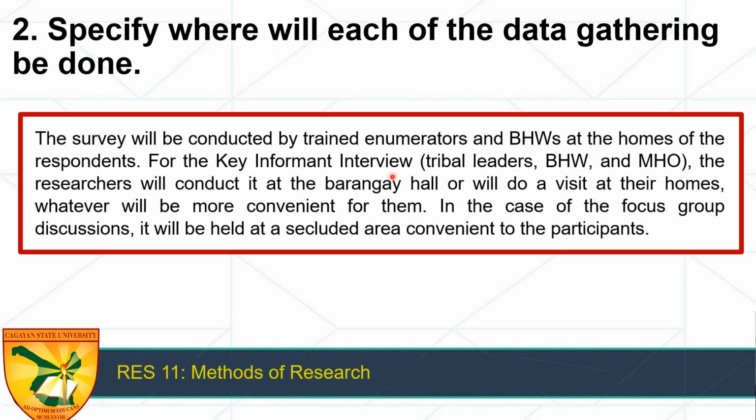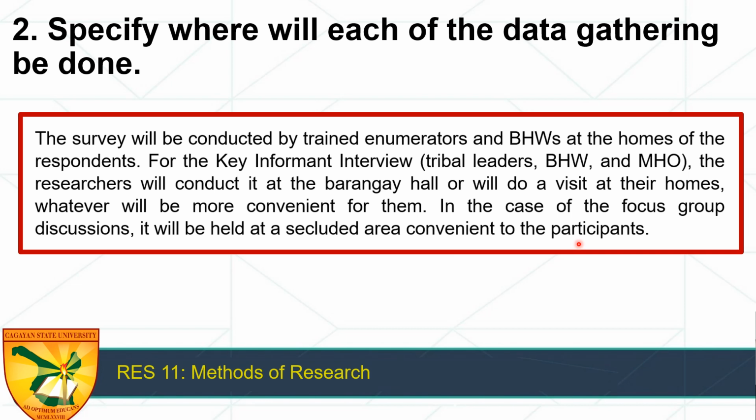For the key informant interview for tribal leaders, PHW, and MHO, the researchers will conduct it at the barangay hall or will do a visit at their homes, whatever will be convenient for them. In the case of the focus group discussions, it will be held at a secluded area convenient to the participants. So here, we specified where each of the data gathering will be done.